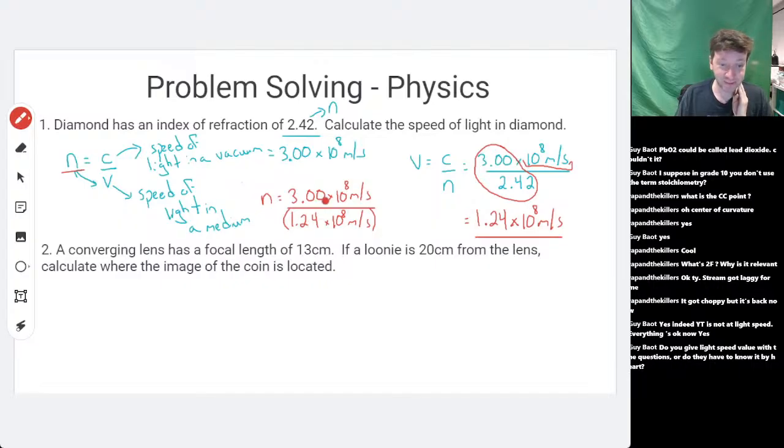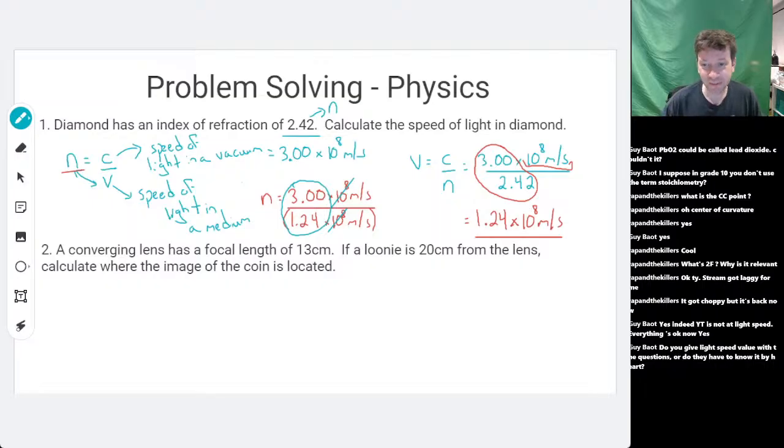And so they're doing 3 times 10 to the 8 divided by 1.24 and then multiplying by 10 to the 8. Easiest thing to do in this case is, notice that if we have 10 to the 8 divided by 10 to the 8, cancel it out and only put this onto your calculator, because then it's just 3 divided by 1.24 and it becomes really easy.